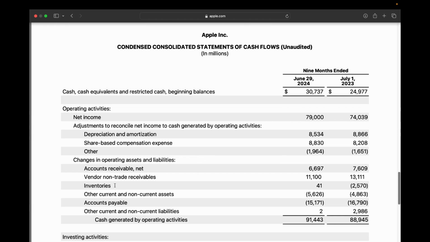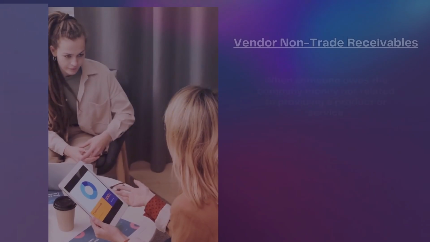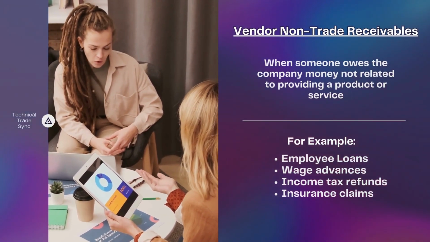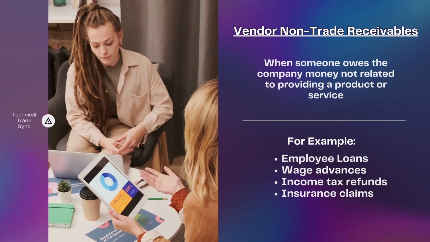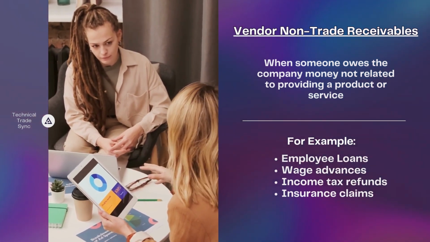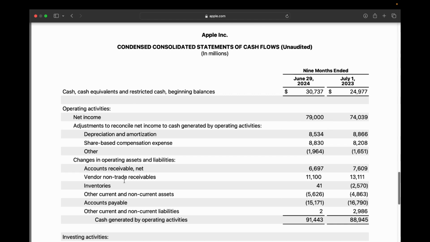Now, with the vendor non-trade receivables, that's essentially when you're Apple or somebody, you're not dealing with your regular vendors. You are outsourcing for a project or something that you need to work on as a company or as an individual. You're finding a different partner outside.